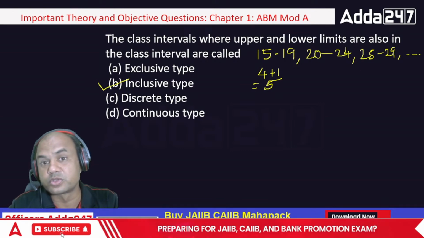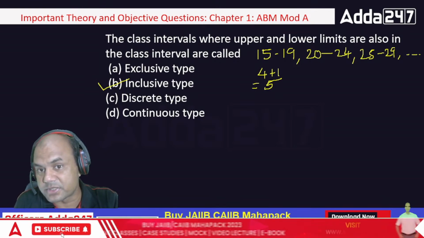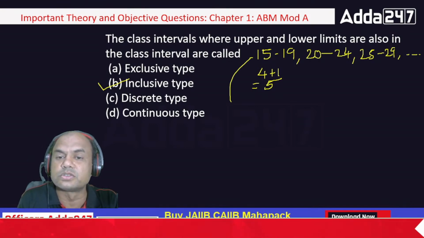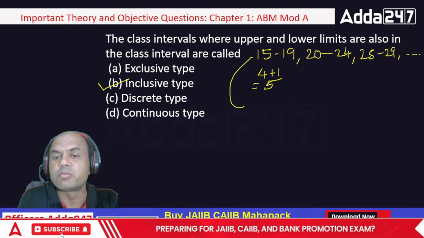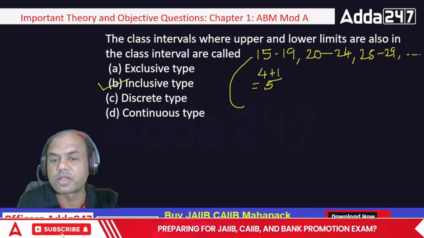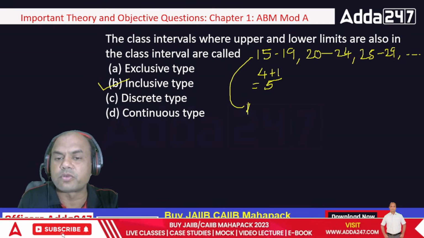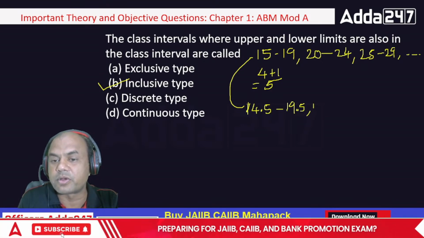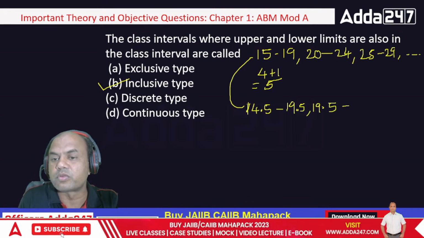Okay, inclusive. We just now discussed that while solving the numerical, you have to convert this inclusive to exclusive. Means what? 0.5 here, 0.5 there. So you have to convert this to 14.5 to 19.5, then 19.5, right? 0.5 here, 0.5 there, to 24.5.